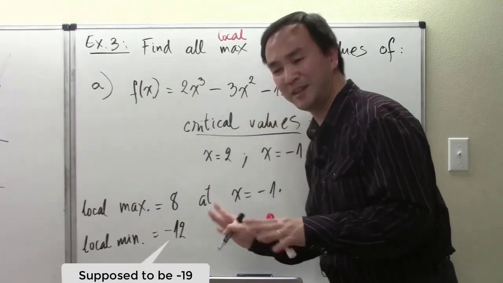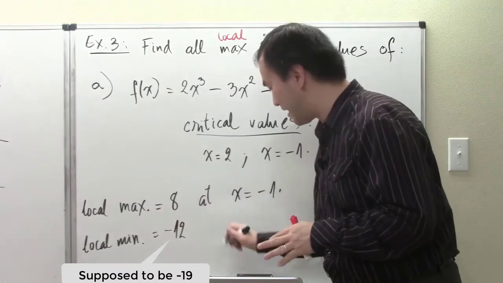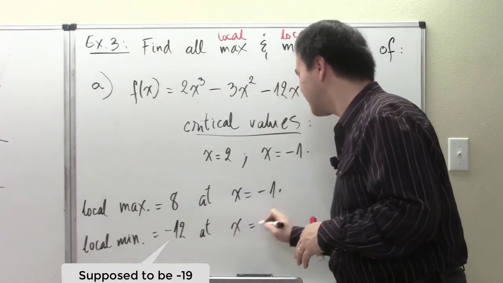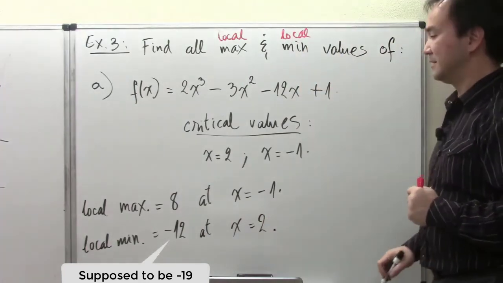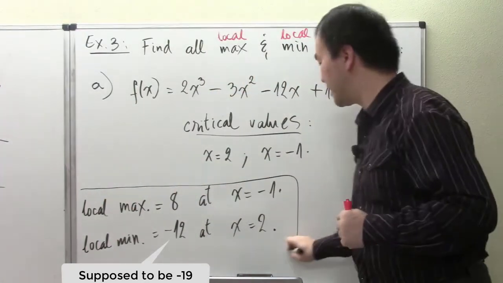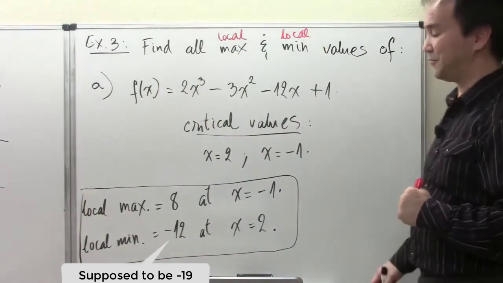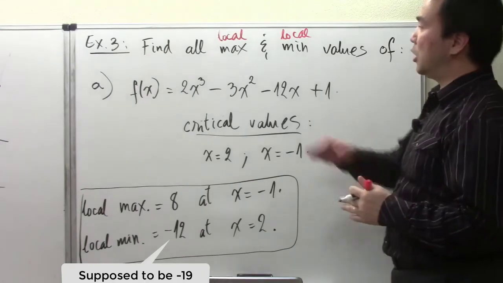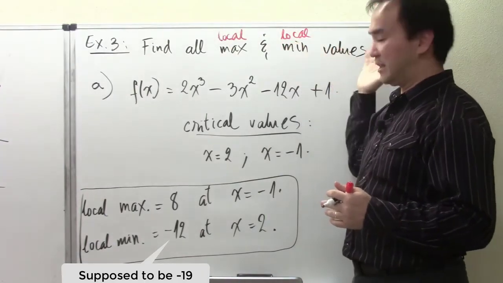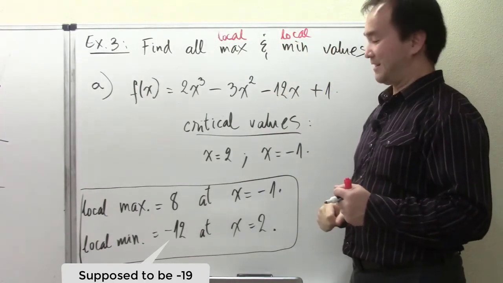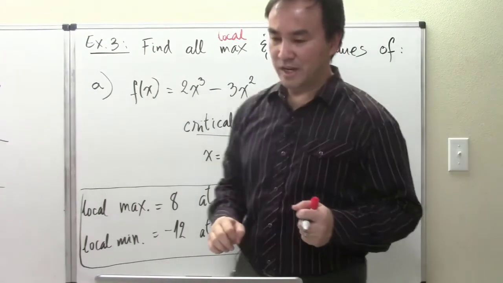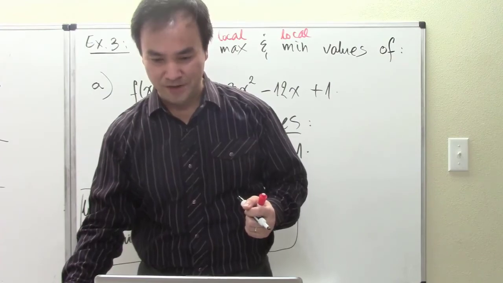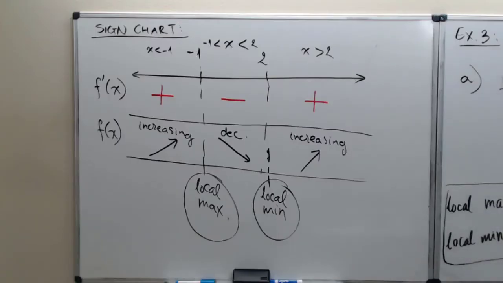It just doesn't have to be as detailed as how I wrote down earlier, at x equals 2, and this way of expressing your final answer is perfectly good enough, okay, for any one of us. All right, so that's how we find local maximum and local minimum values of this function, okay. And so now, before I move on to another problem right here, and we're still in example 3, let me bring up a terminology here.